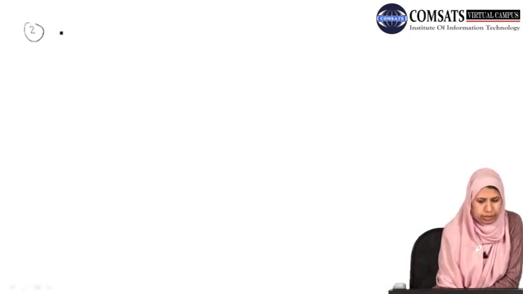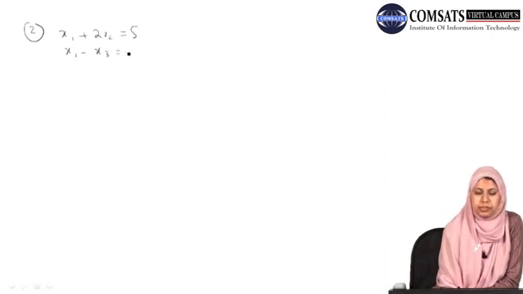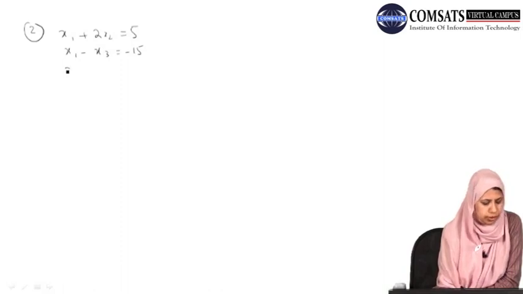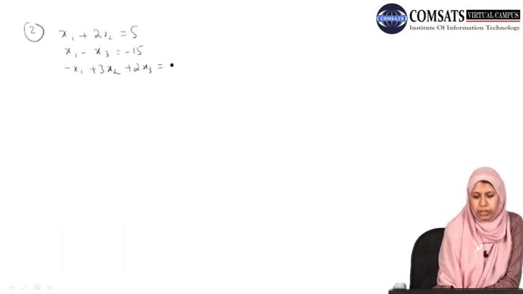Now let's have a look at one more example. We are given a system of equations: x1 plus 2x2 is equal to 5, x1 minus x3 is equal to minus 15, minus x1 plus 3x2 plus 2x3 is equal to 40.